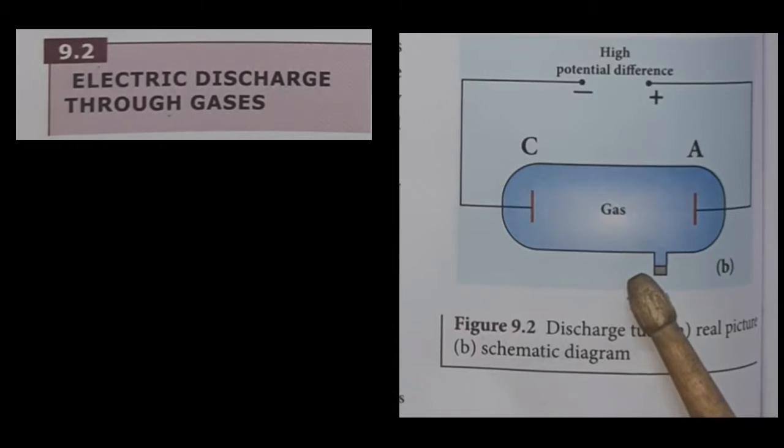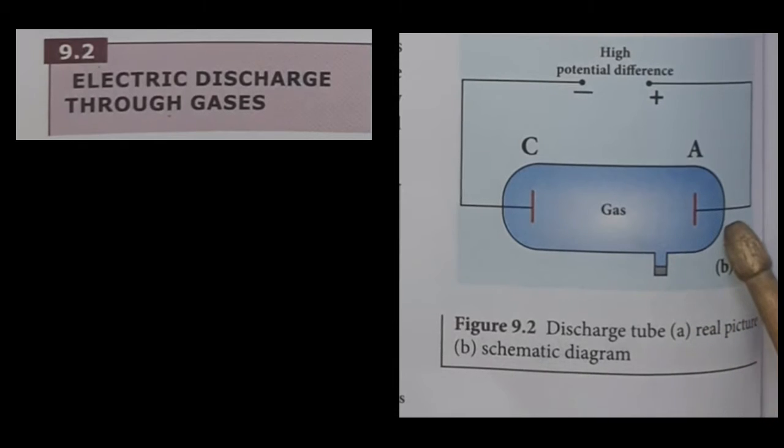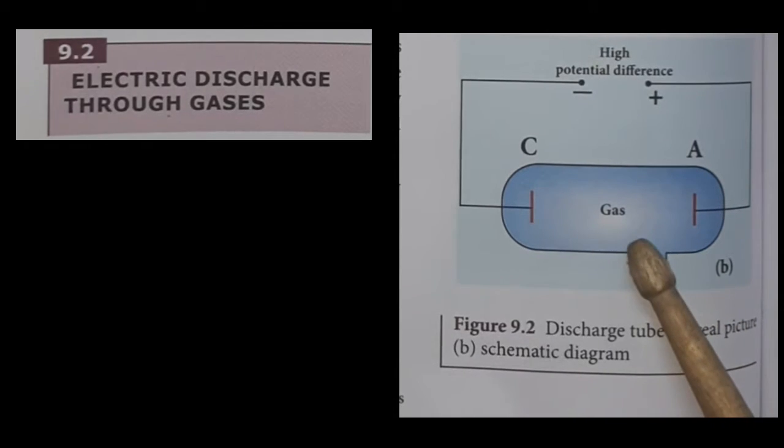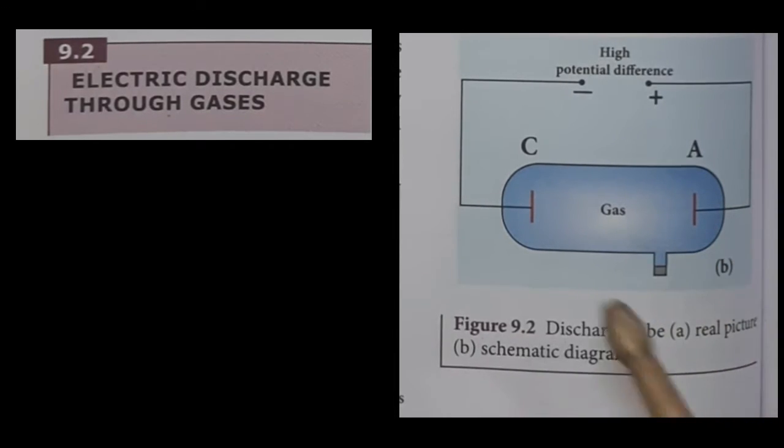Suppose the pressure of gas in the discharge tube is reduced to around 110 millimeters of mercury pressure using the vacuum pump. It is observed that no discharge takes place.